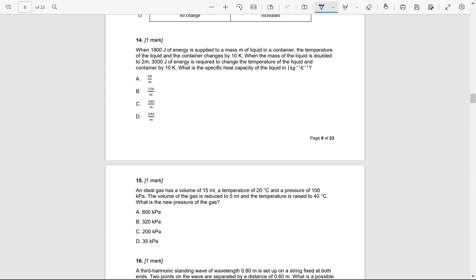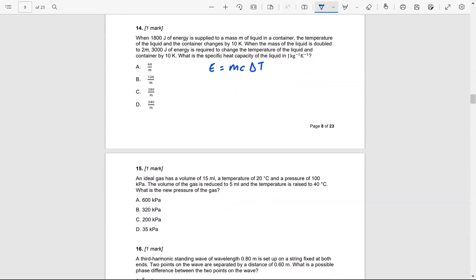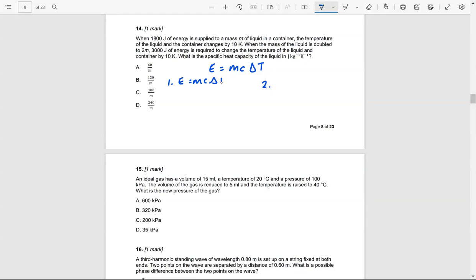Question 14 is about, mine's gone blank, specific heat capacity. Energy equals mc delta t, delta theta, whatever value quantity you're comfortable with. So we have two situations. We have situation 1 and situation 2. Situation 1, E equals mc delta t. Situation 2, same equation.